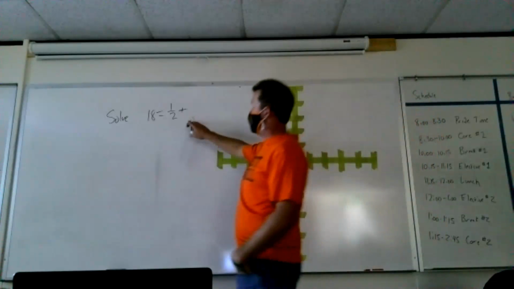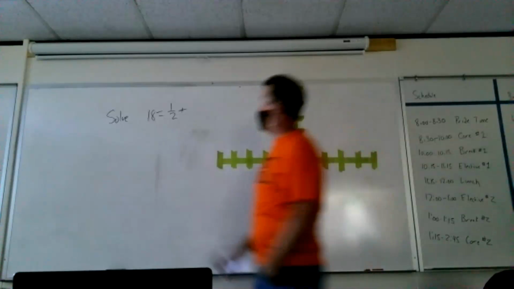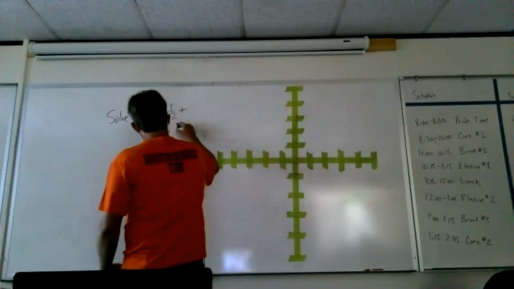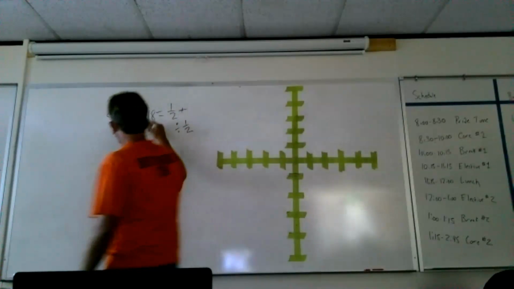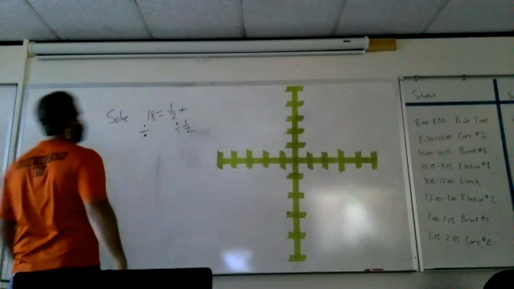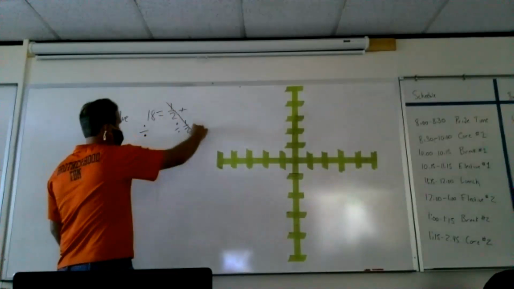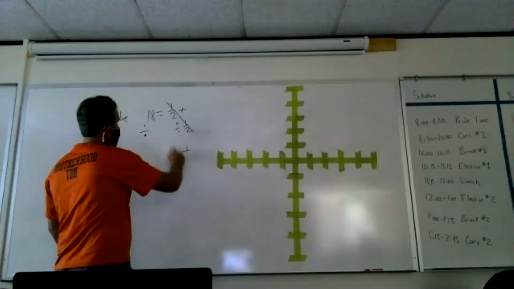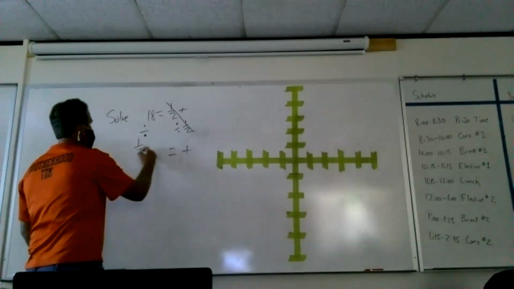In other words, we want to isolate the variable again. Here, my variable is t. I'm multiplied by 1/2, so I would have to divide by 1/2 on both sides. And the cool thing is that my 1/2s that are associated with the variable are going to cancel out. And then I have 18 divided by 1/2.